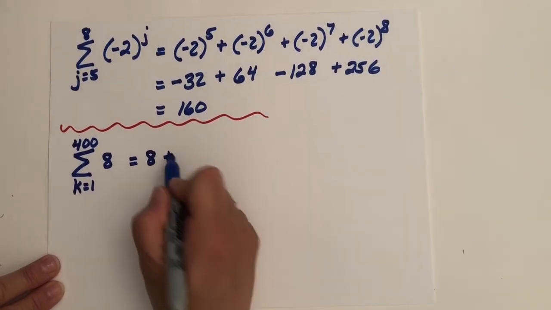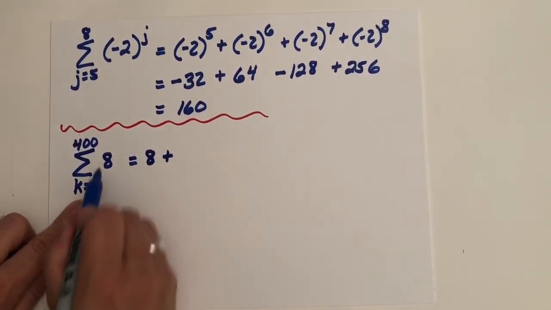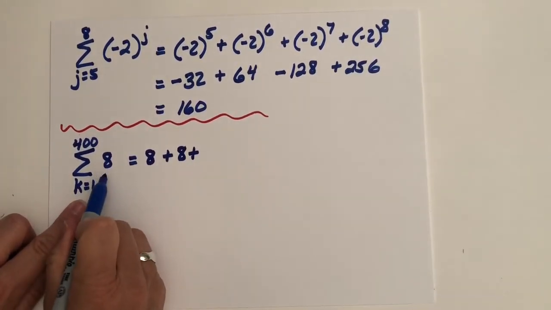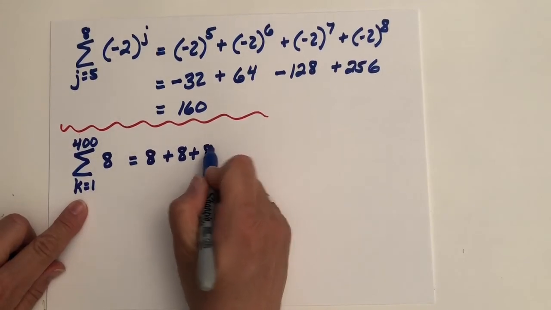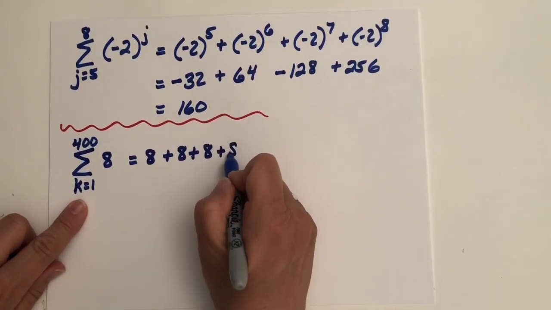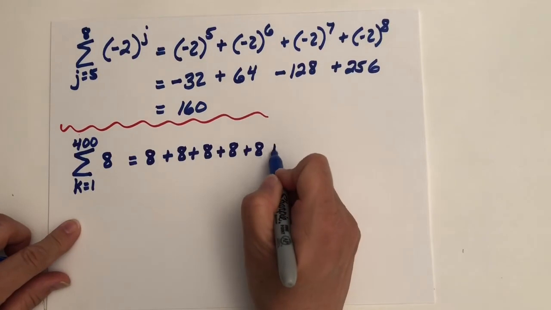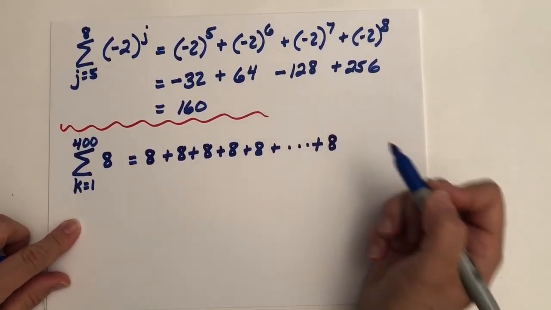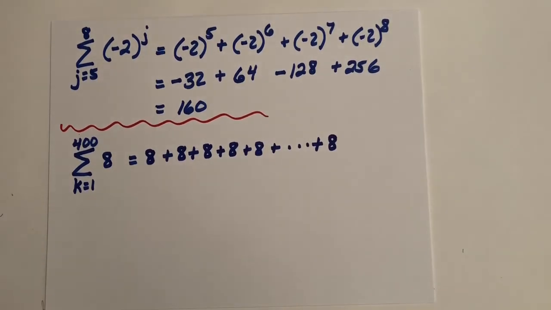Plus, when k equals 2, this expression is 8. When k equals 3, this expression is 8. k equals 4, k equals 5, and keep going until we get to k equals 400.